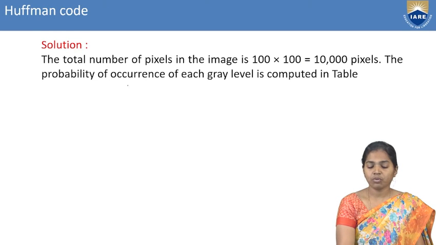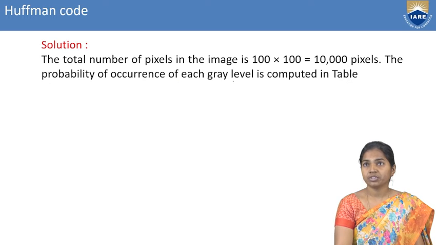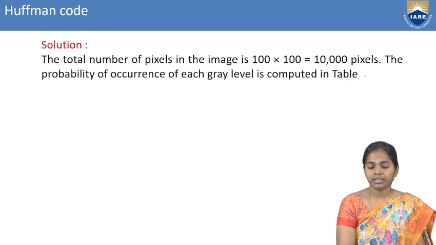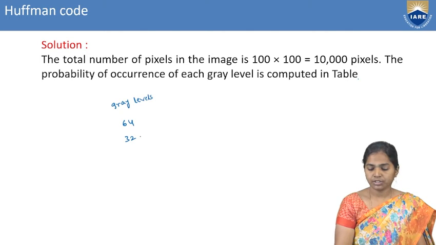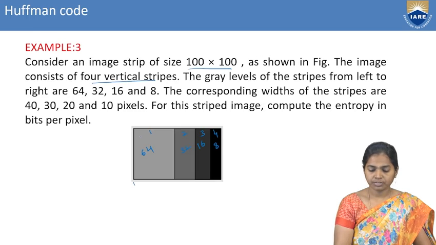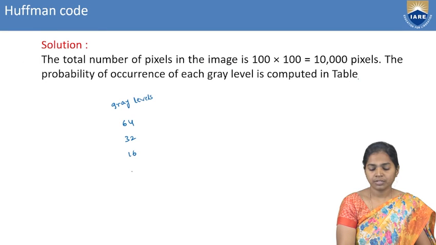The probability of occurrence of each gray level is computed in this given table. The gray levels are 64, 32, 16, 8.